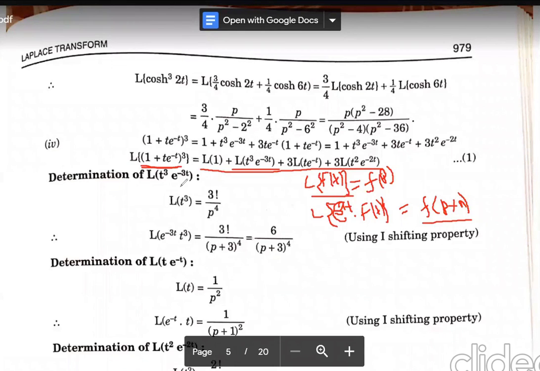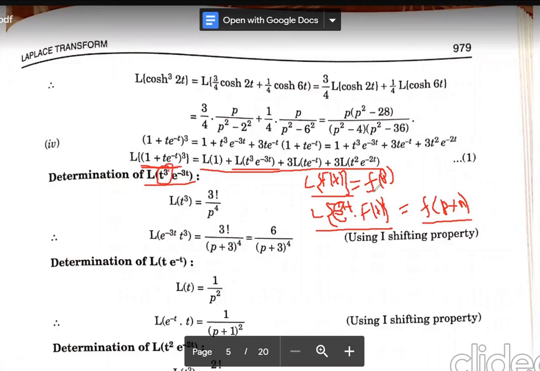Now see, you need to find the Laplace transform of this. If you compare with e to the power minus at into f of t, what can you consider f of t to be? f of t is t cube.